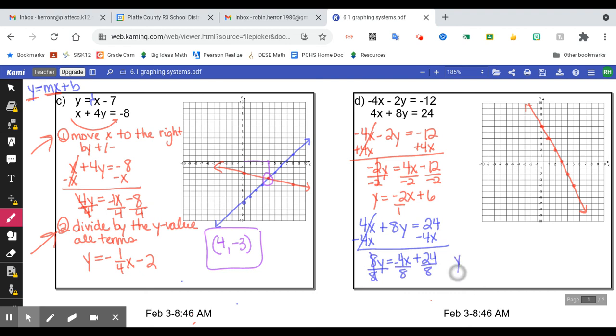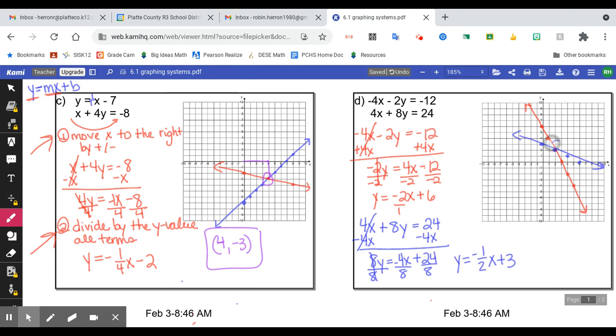So I'm left with y equals 4 over 8 is 1/2, and it's negative, and then plus 3. So let's graph it. Here's 3. Negative 1/2 is down 1, right 2. Down 1, right 2. And they already intersected.